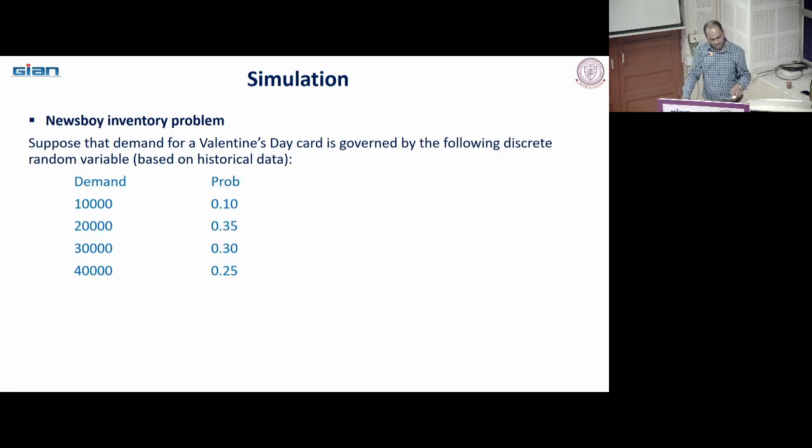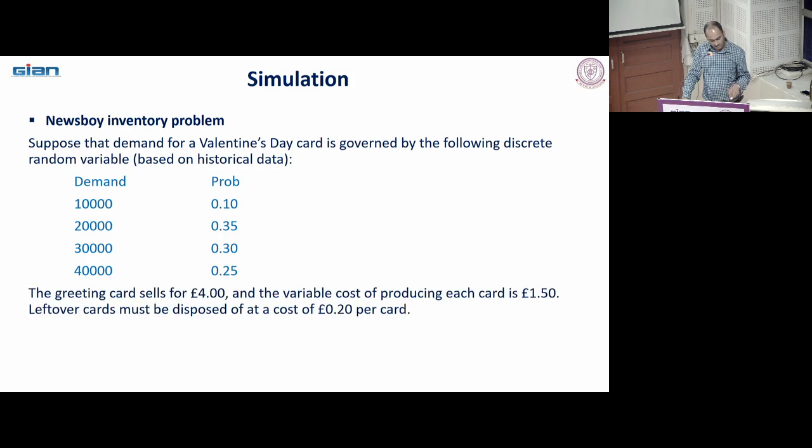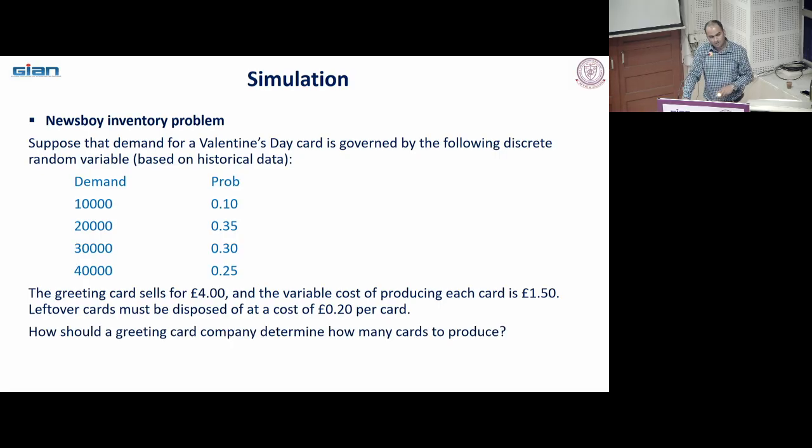News vendor inventory problem. So this is the demand and this is the probability, and you want greeting card sales at 4 pounds, and variable cost is this one. How much should we produce?